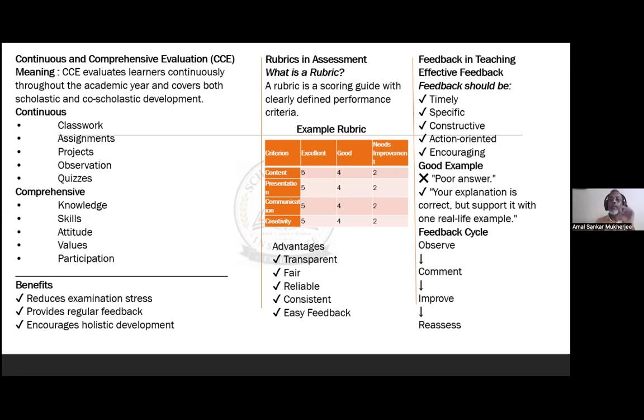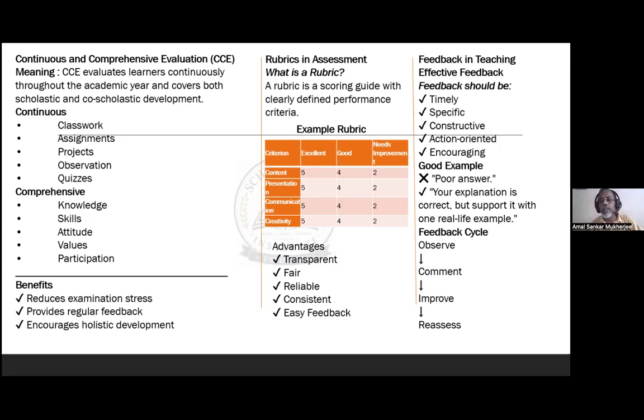That means we are not giving the feedback that you have a poor answer. We have said, you have done a proper answer, but something is missing. Just add these things, your answer will be more explicit and that will be accepted. The feedback is given in this statement: your explanation is correct, but support it with one real life example. So that is the effective feedback.